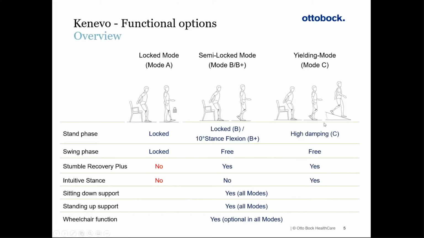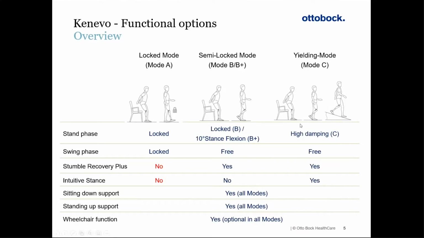Once the patient uses mode C, here it becomes really important to think about whether the patient is better served with the Kenevo in mode C or with the CLEC 4. Because the function of the Kenevo in mode C is pretty close to what the function of the old Compact was.